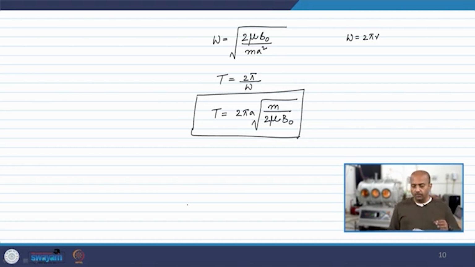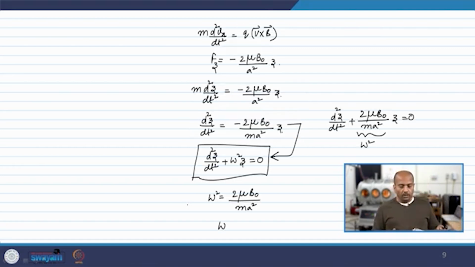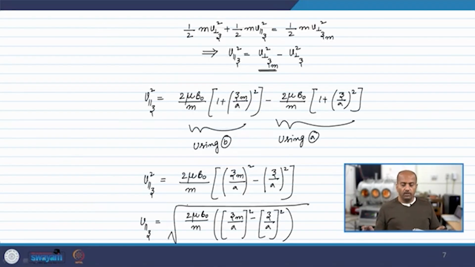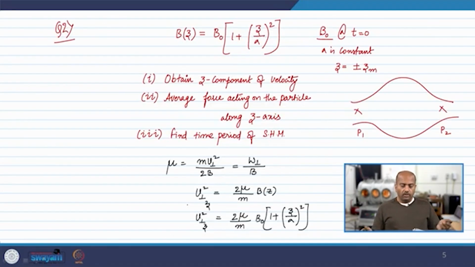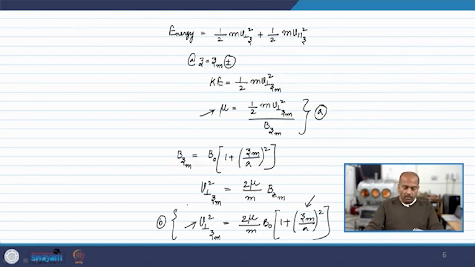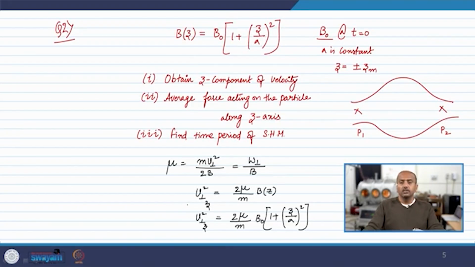So the point is, for the given configuration of the magnetic field, we are able to obtain the z component of velocity, right, and then we are able to obtain the average force acting on the particle along the z axis, the average force which pulls the particle back, and the period of oscillation, the simple harmonic motion. The particle will be trapped like this, back and forth motion, the simple harmonic motion, right.